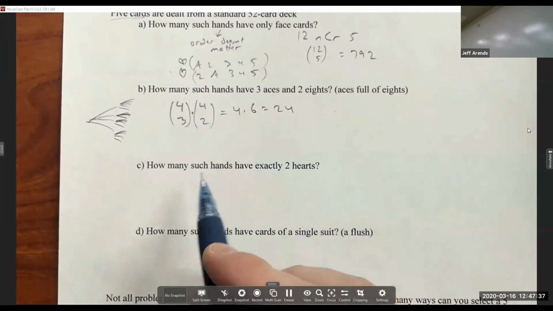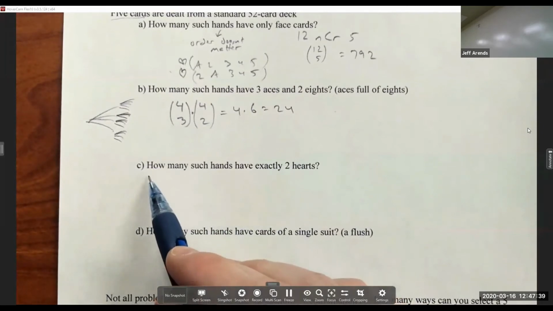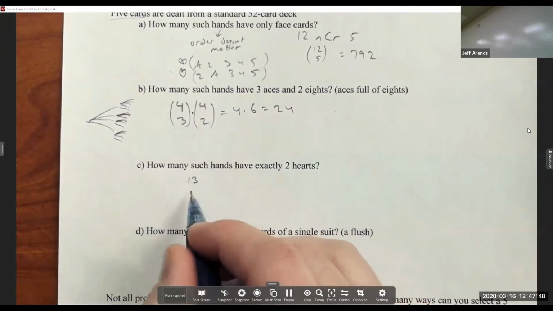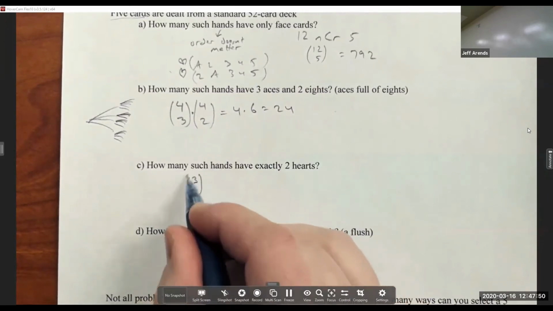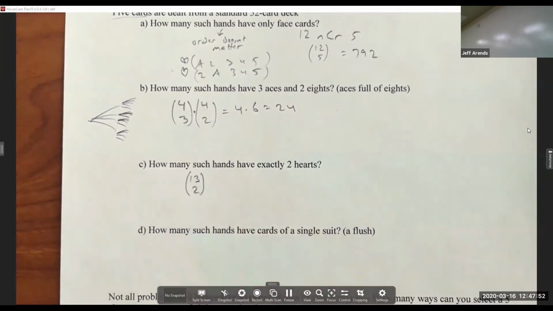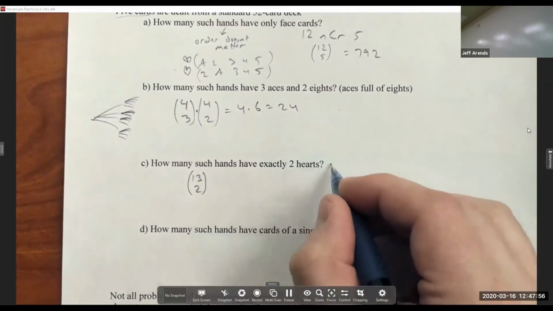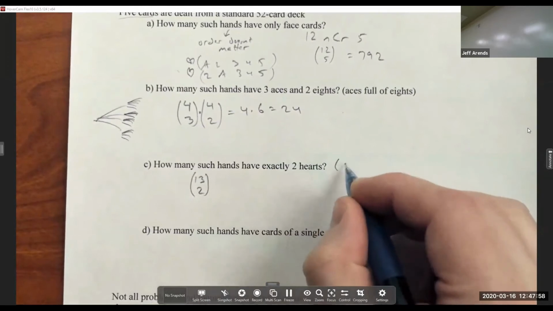All right, how many such hands have exactly 2 hearts? If you have exactly 2 hearts, well, there's 13 hearts, and we're having exactly 2 of them. But that doesn't describe the entire scenario, because if you have exactly 2 hearts, then you also have 3 non-heart cards.